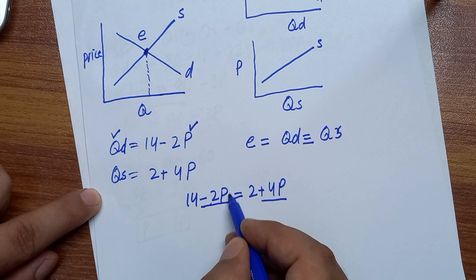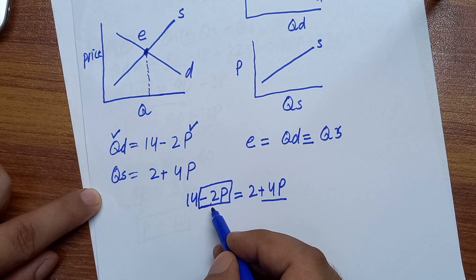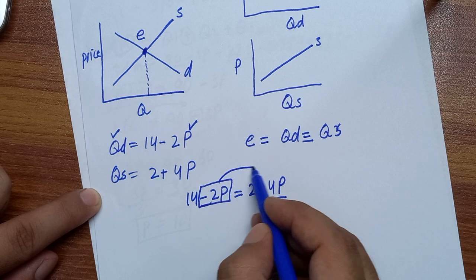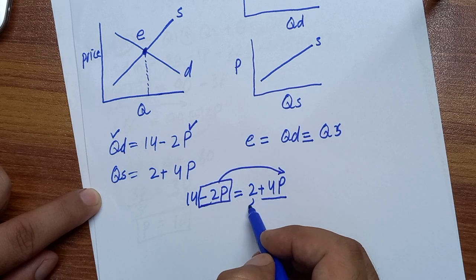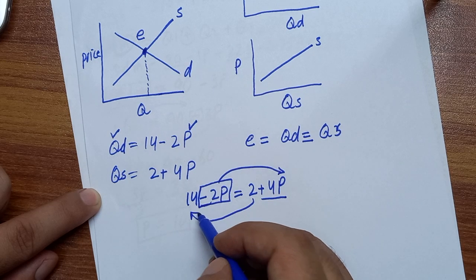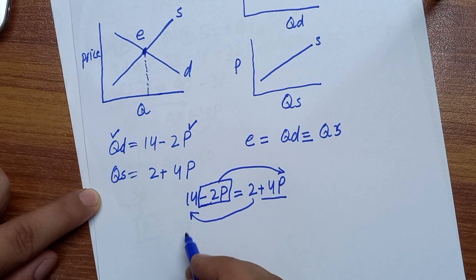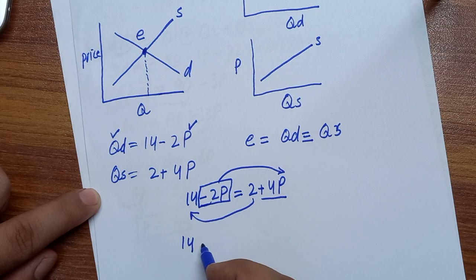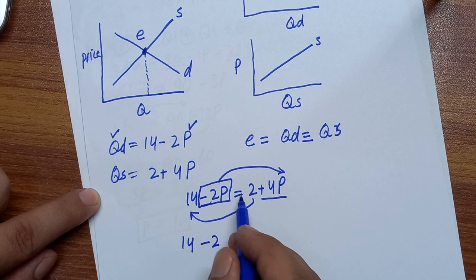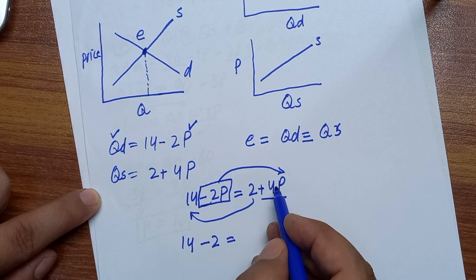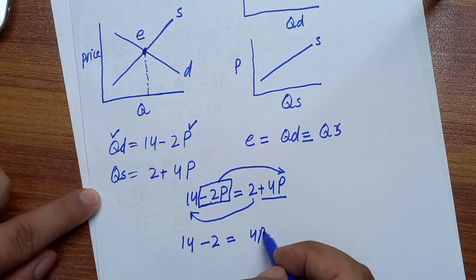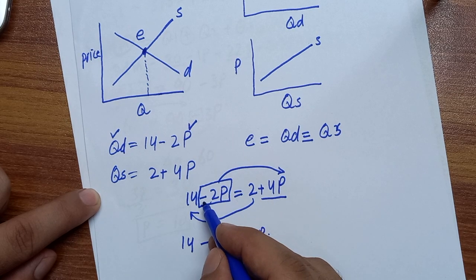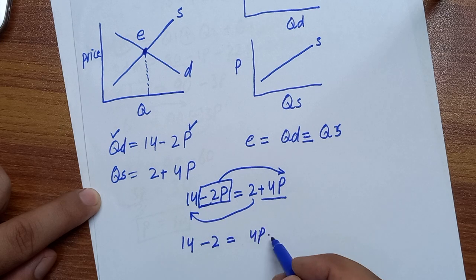So this 2P will be shifted to this side, and this constant will be shifted to the other side. Here we will get 14, and this plus 2 will become minus 2. We have equality, we have 4P here, and when we shift this minus 2P, it will become plus 2P.